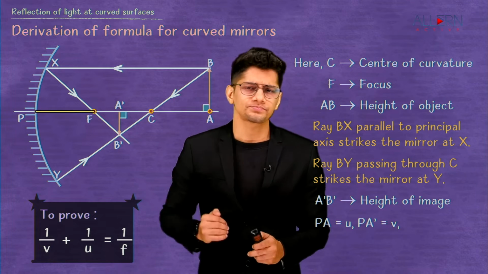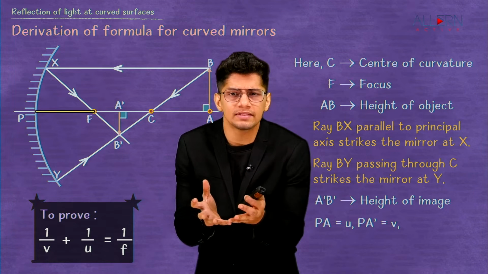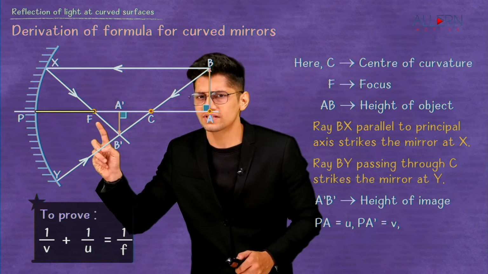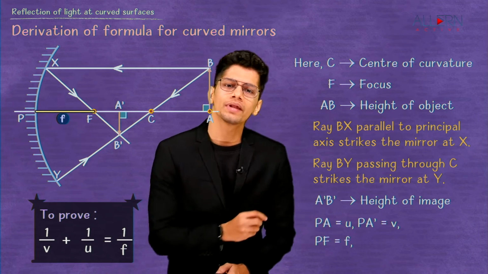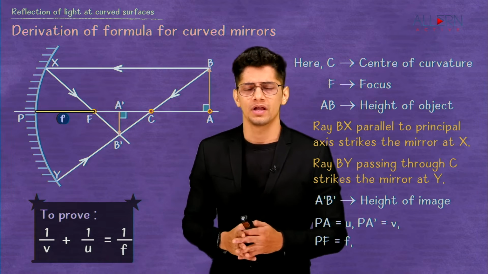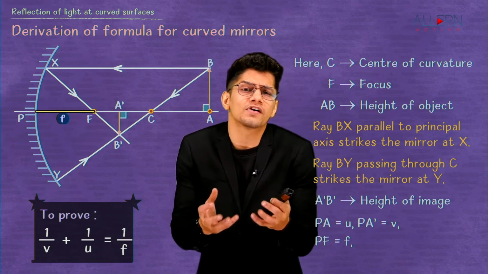Now the next thing. We know that focal length is nothing but the distance between the focus and the pole, that is PF is equal to small f. Now what is the radius of curvature?